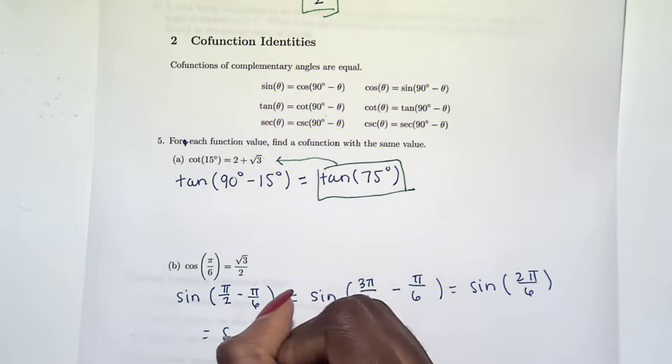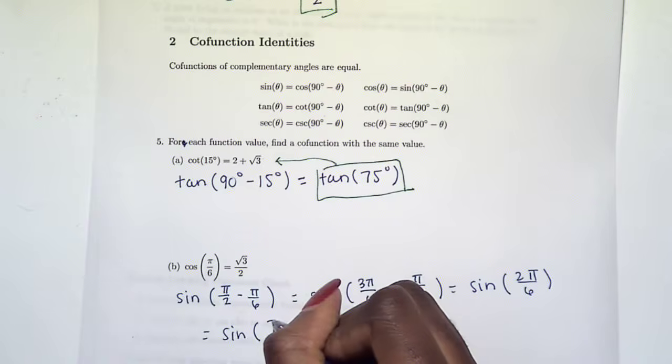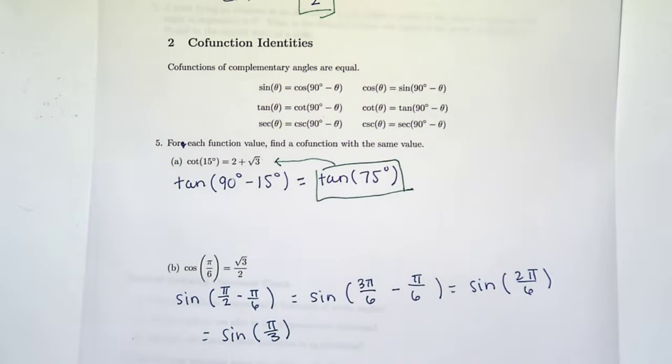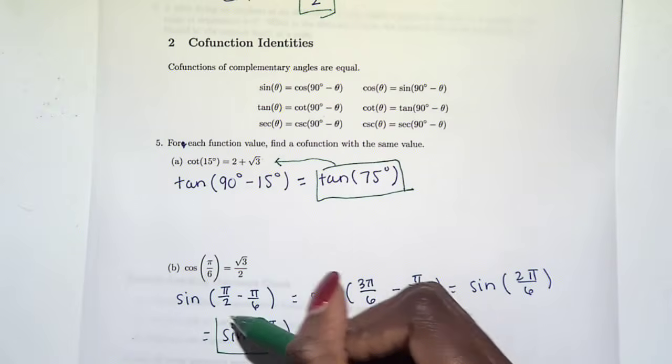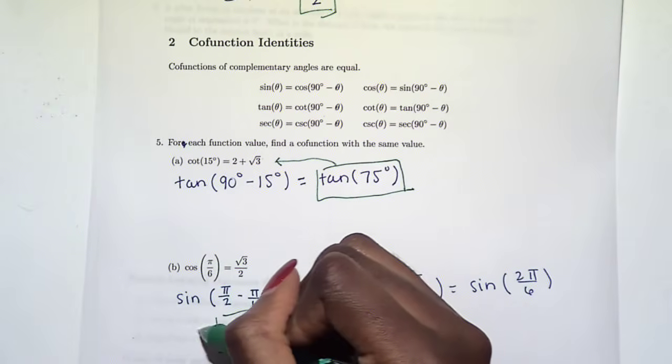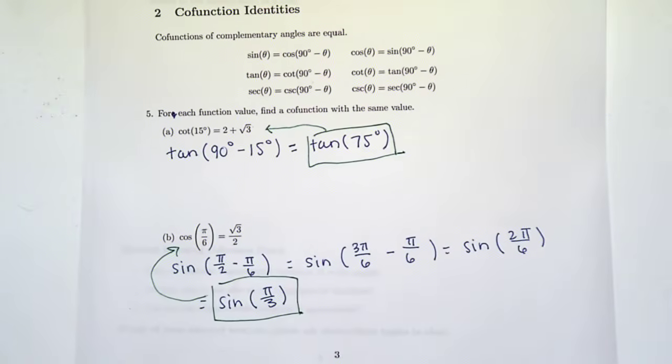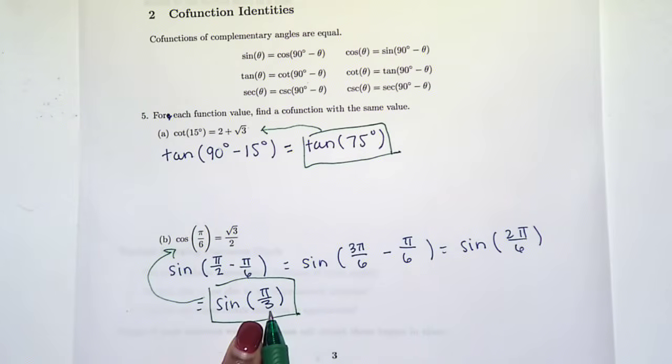And that equals sine of pi over 3. So these are the same. And actually pi over 3 is 60 degrees, pi over 6 is 30 degrees. We saw this before, that these are the same.